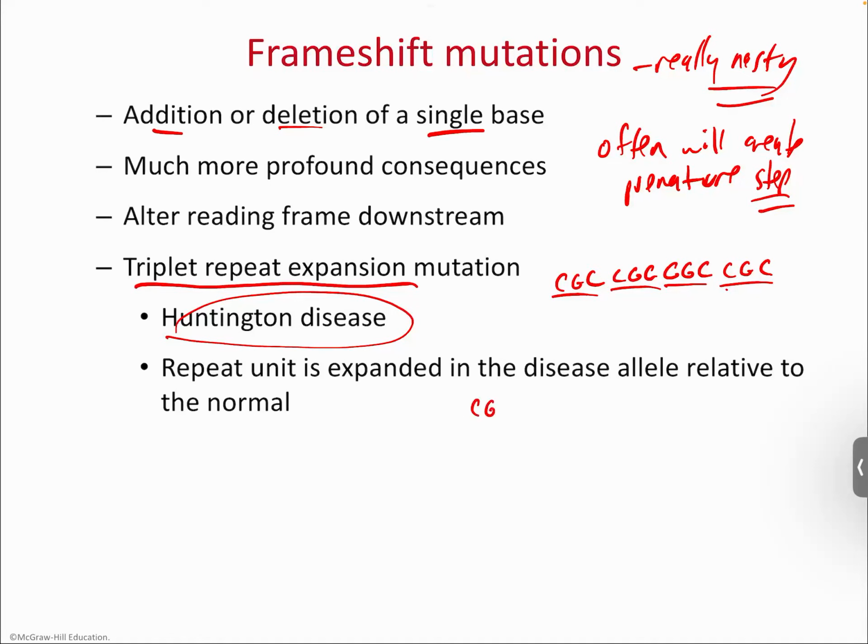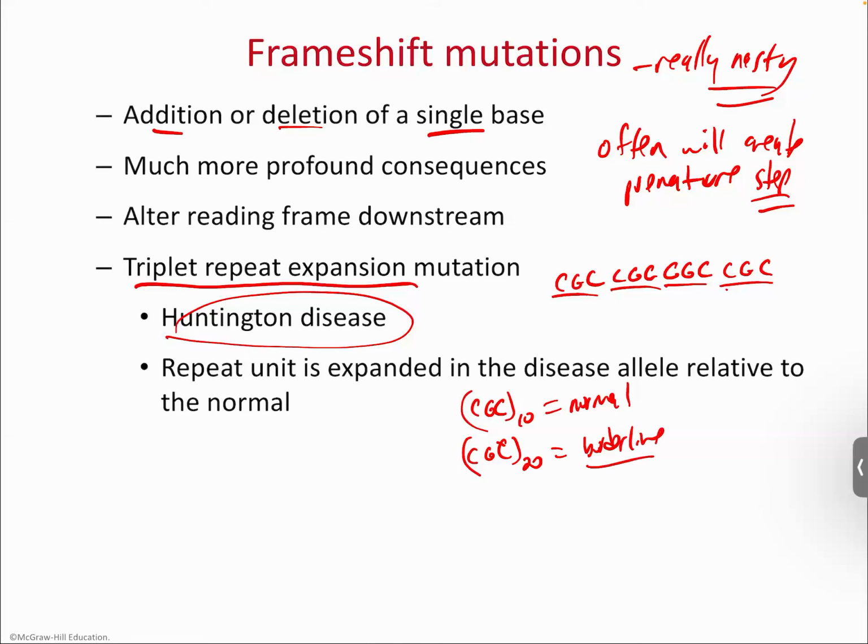So for instance, if I have a CGC repeat, and let's say I have 10 of them, then basically, I'm normal, right? It's in the middle of a gene, and so it's not causing a whole lot of problems sitting there in the middle of that gene. However, the next generation will see an expansion into 20.